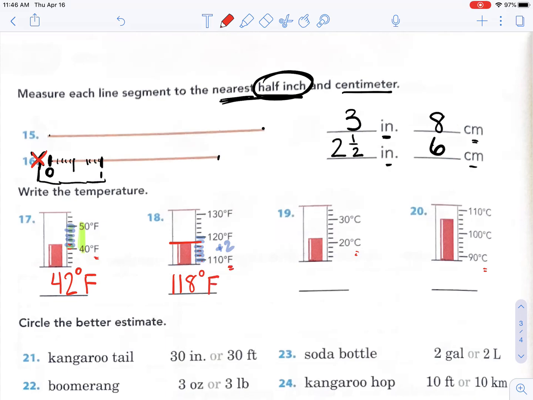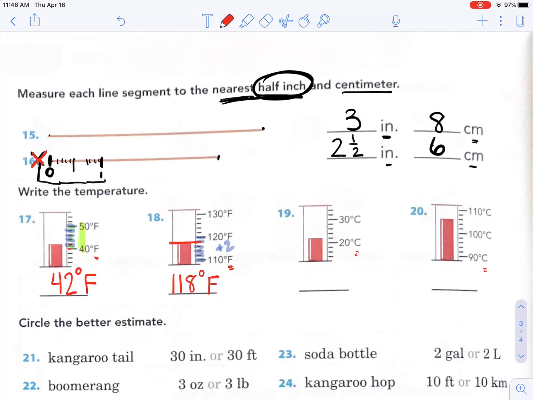Fahrenheit. If that was Celsius, it would be extremely, extremely hot. But at 118 degrees Fahrenheit, still burning up if you're a human, but it could reach that temperature outside in hot desert areas on a hot day.